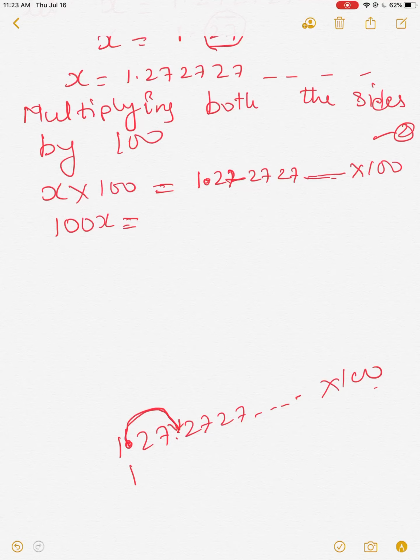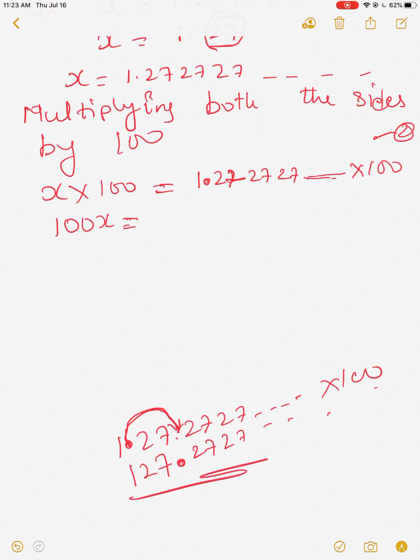So you will be getting 127.2727 like this. If there is 1 zero, the decimal shifts 1 digit right; if 2 zeros, as in 100, shift the decimal 2 digits to the right; 3 zeros, meaning 1000, shift 3 digits. You have to keep this in your mind.